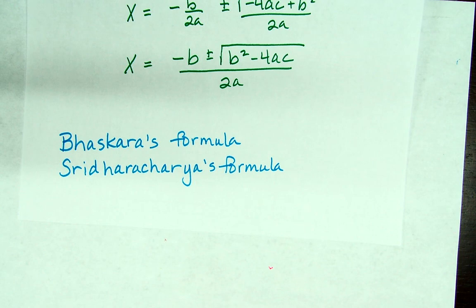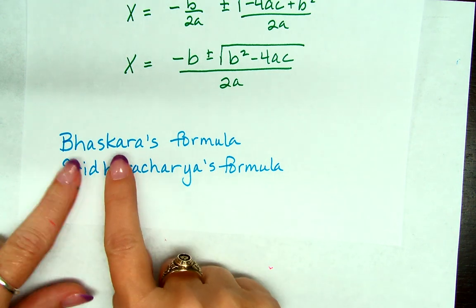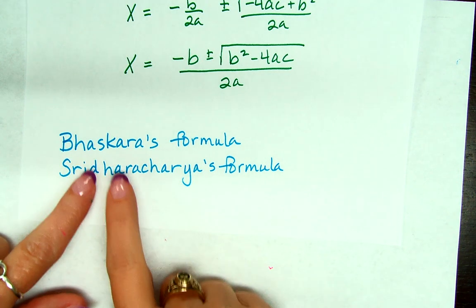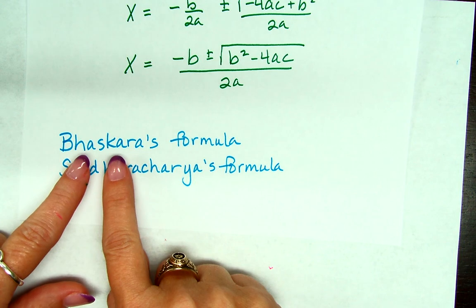Then in the 8th and 9th century, Sridhara, who was an Indian, published something to solve a quadratic that was very similar to Bhaskara's, but Sridhara's work and Bhaskara's work is lost, we think. But do you understand why it's called these things now in these places?